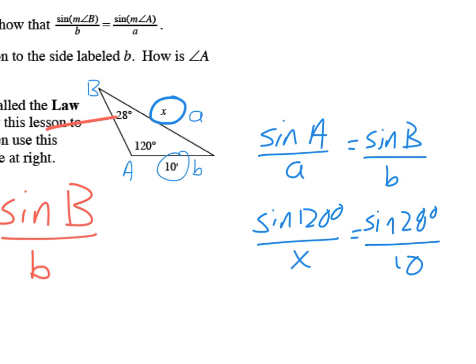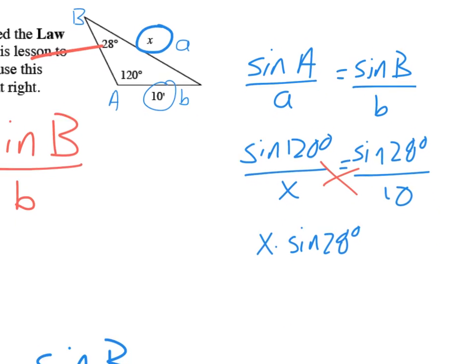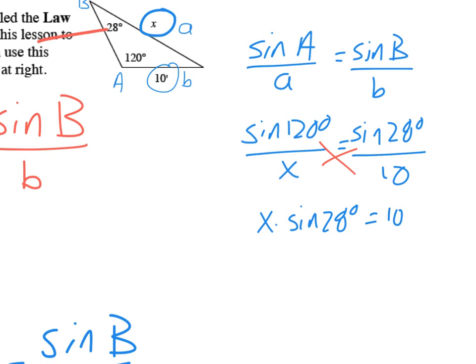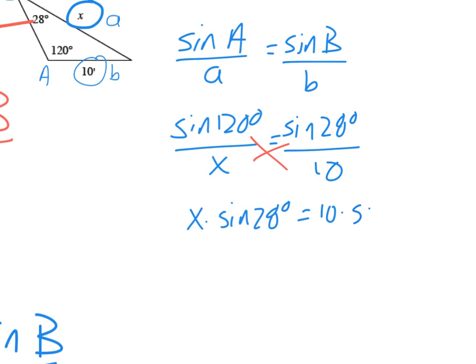Now I have an equation with only one missing variable, and I'm going to cross multiply and try to solve for that side length x. So that's going to give me x times the sine of 28 degrees equal to 10 times the sine of 120 degrees.